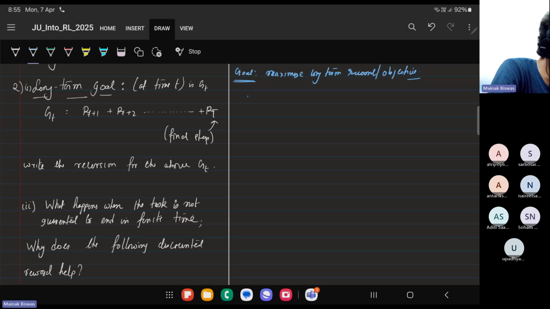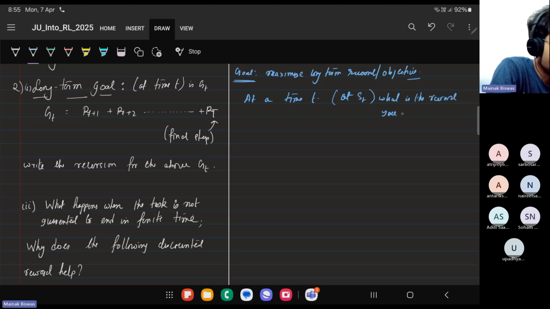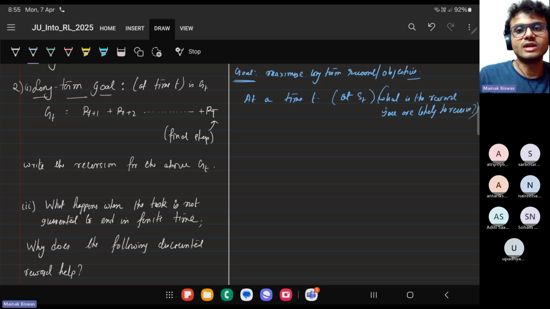So at a time t, say at s t, what is the reward you are likely to receive? That is what we are trying to model here. That is called the long-term goal, G t, or the return function, the gain function at time t. So what does it look like?